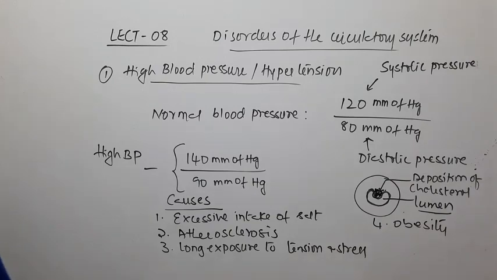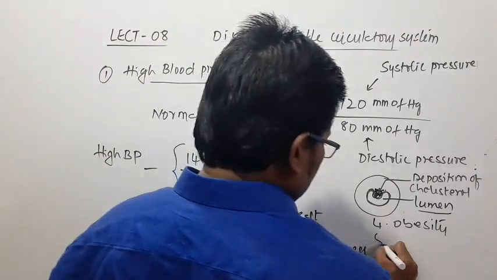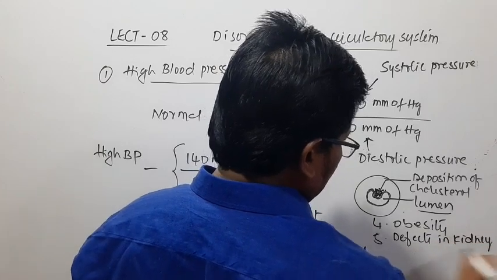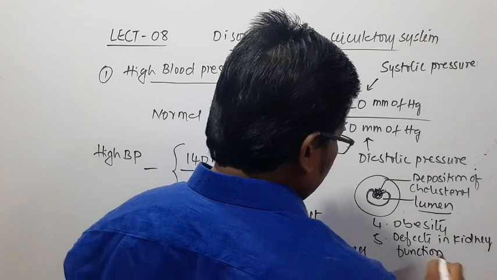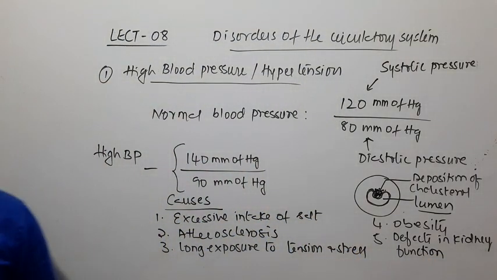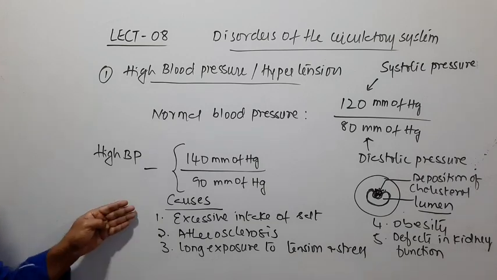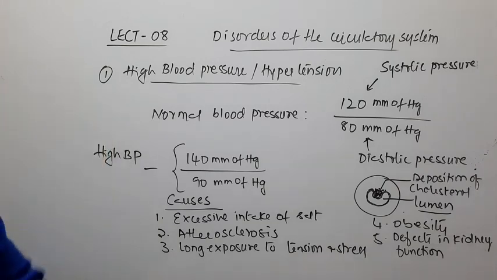Then defects in kidney function can also result in hypertension. When the kidneys do not function, there will be accumulation of salt and water in the blood, and that causes the elevation of blood pressure. So these are some of the causes responsible for high blood pressure.